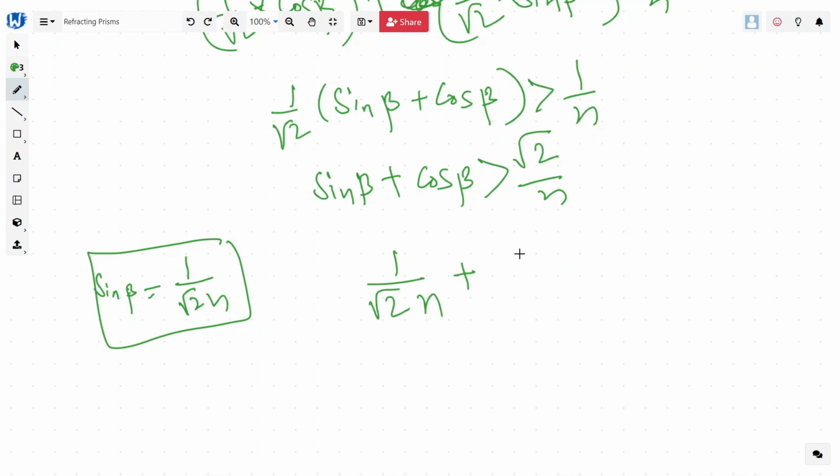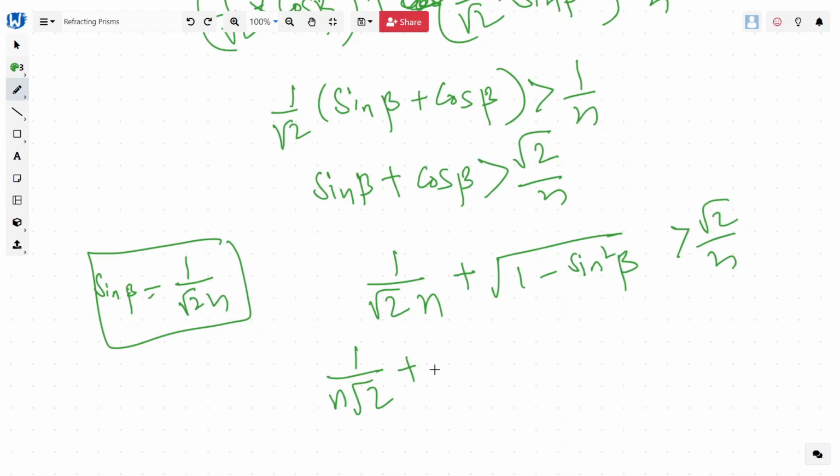Cos beta is going to be simply under root 1 minus sin square beta, right? Sin square beta, and cos beta is under root 1 minus 1 by 2n square.